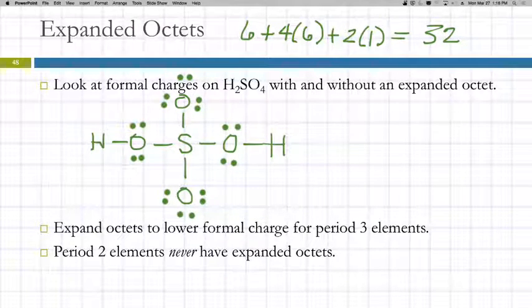What's its formal charge? It came in with 6 and it leaves with 7. So it's -1. So this one has a formal charge of -1. And this guy up here has the same situation. Formal charge of -1. Formal charges in this neutral molecule have to add up to 0. What's the formal charge on this sulfur?